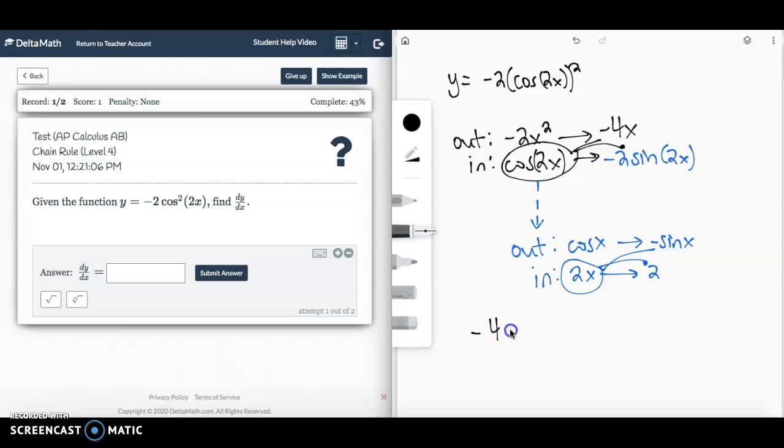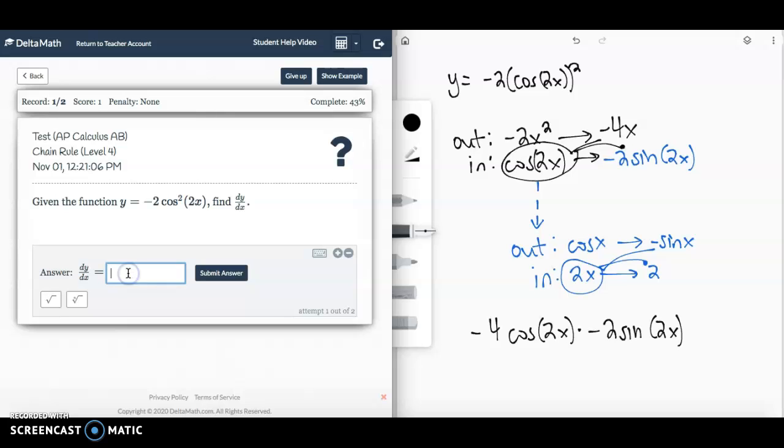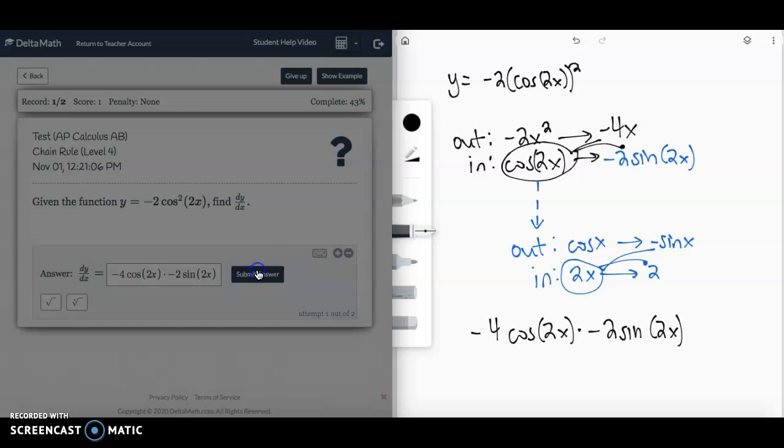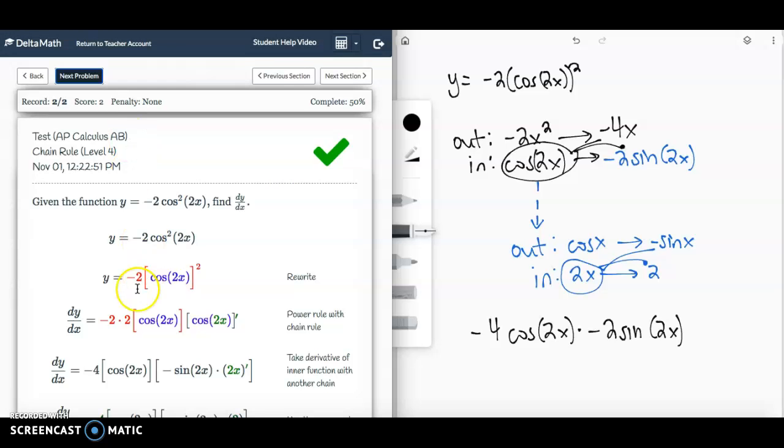Negative 4 cosine of 2x times negative 2 sine of 2x. Aha, very good.